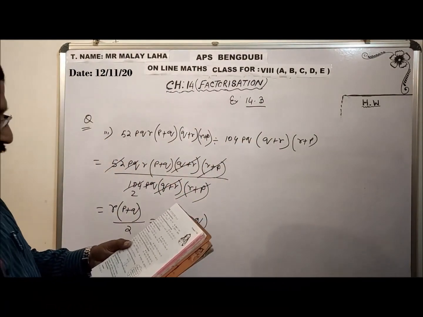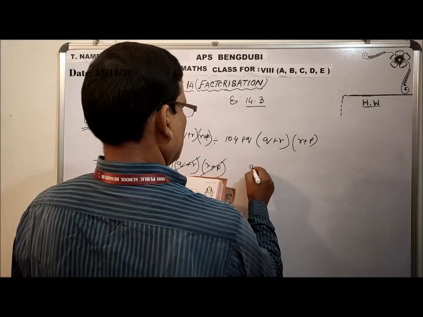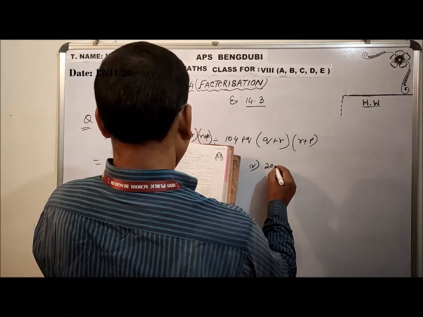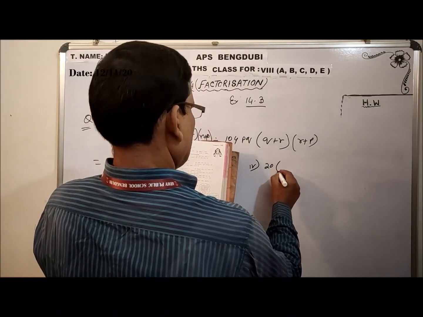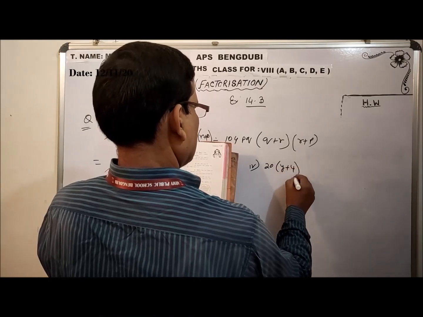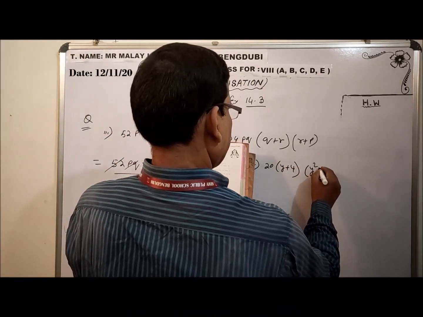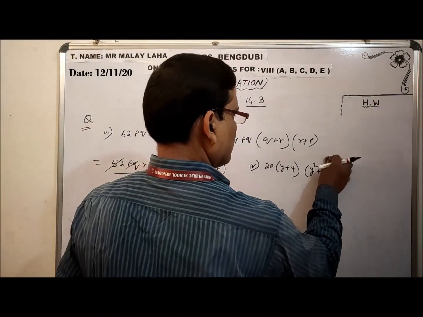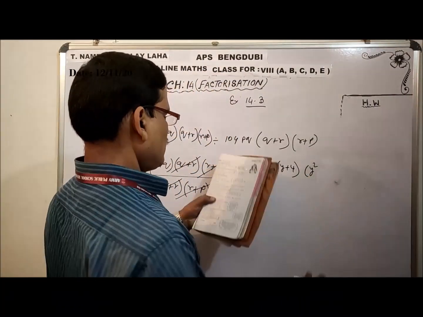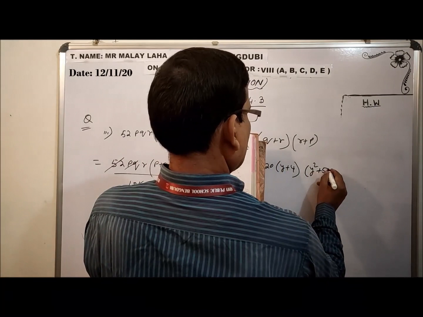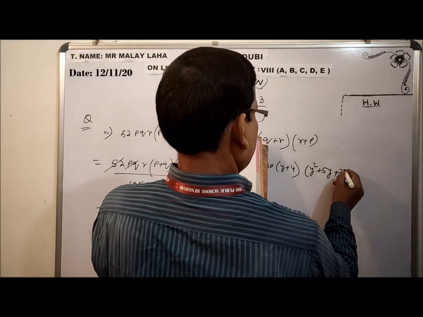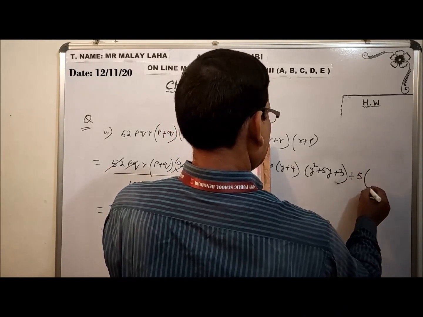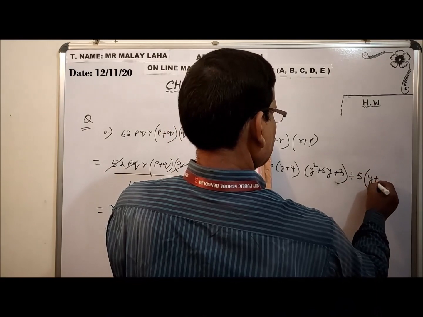Next question. Question number 4: 20 (y plus 4) into (y square plus 5y plus 3) divided by 5 (y plus 4).